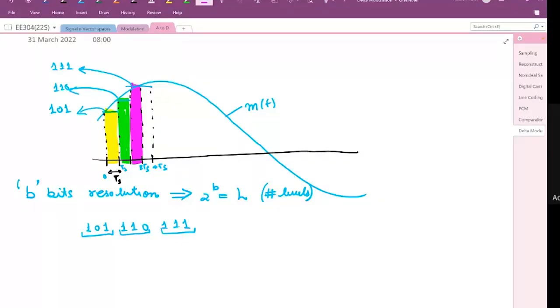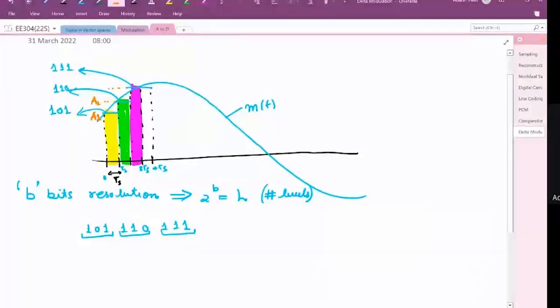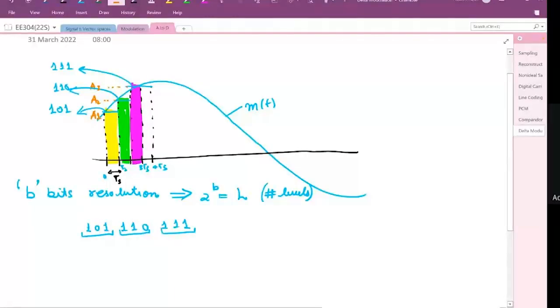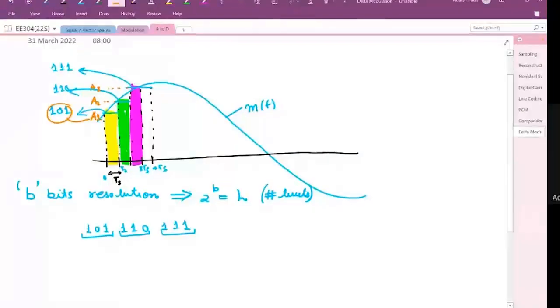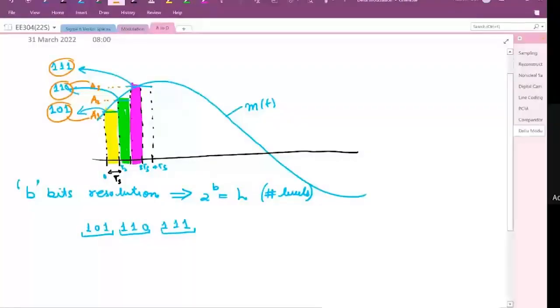At time instant 0, the amplitude level is this, let's say A1, and then it is A2, and then this is A3, which are encoded as 101, this, and this. So these are the amplitude levels that are encoded to these values.